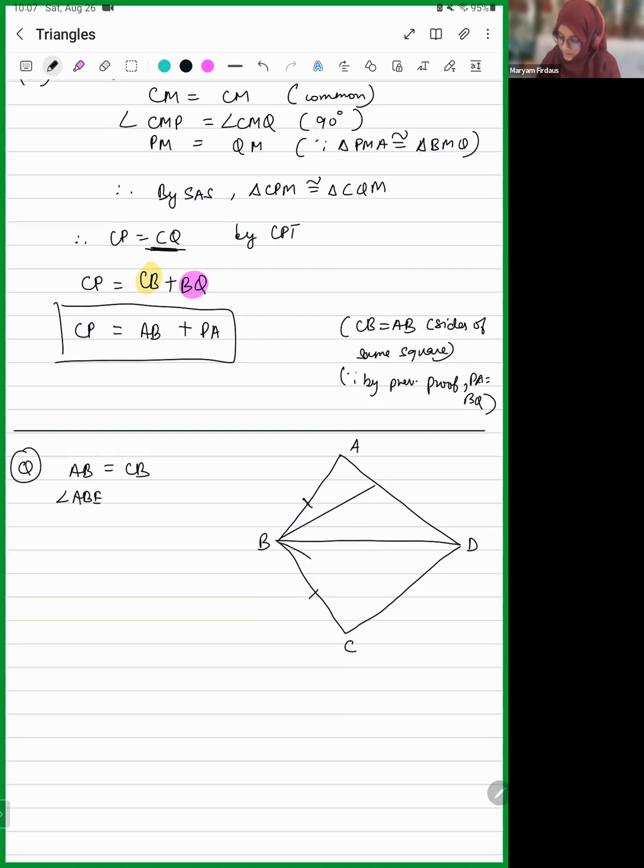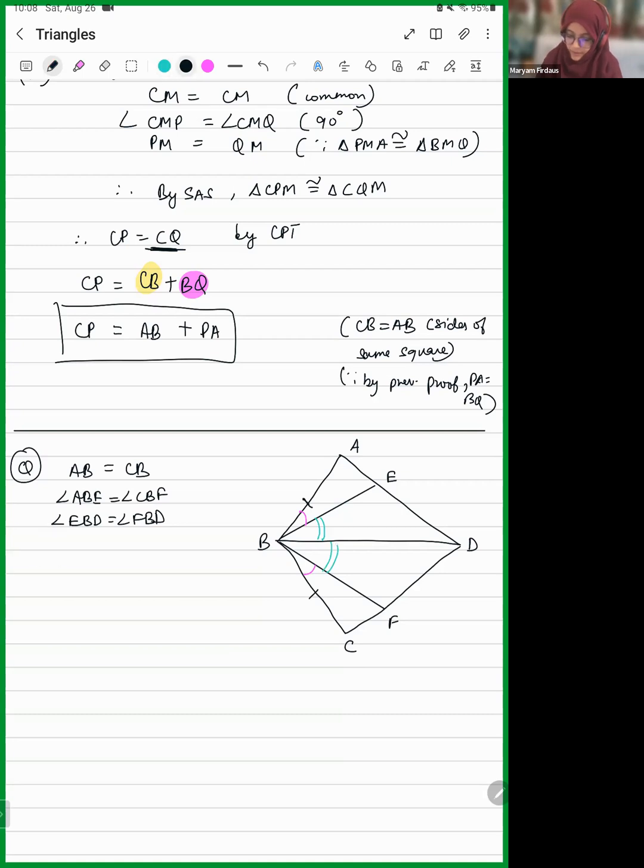And this is F. Angle ABE is equal to angle CBF. And angle EBD is equal to angle FBD. Angle EBD is this one, and angle FBD is this one.